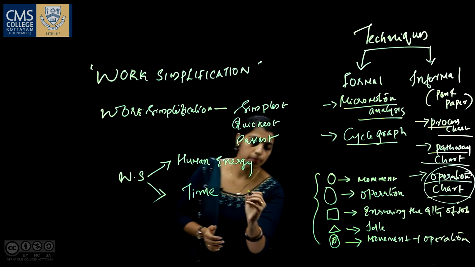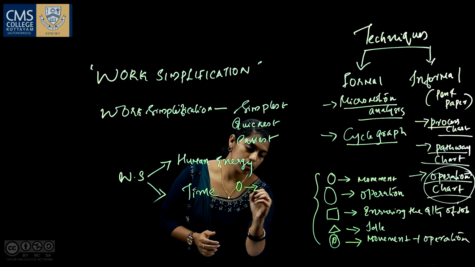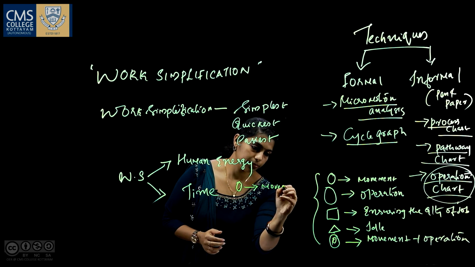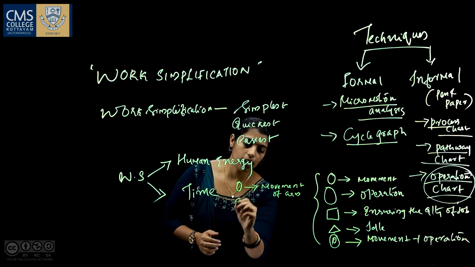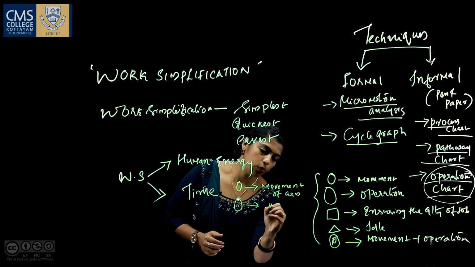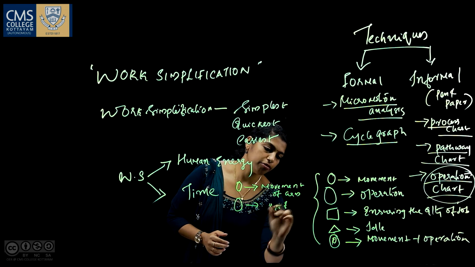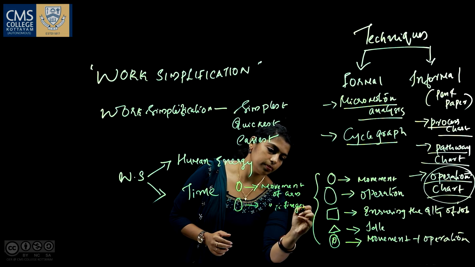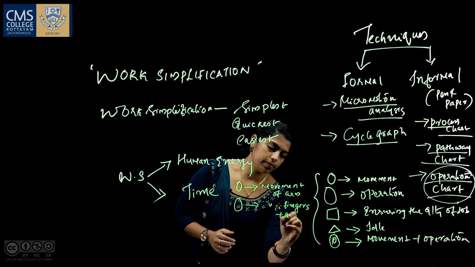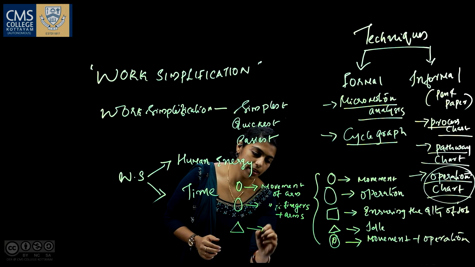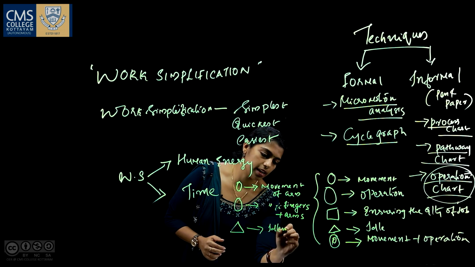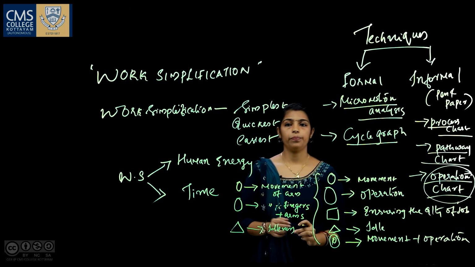That is, the small circle shows the movement of arms. The large circle shows the movement of fingers with arms. And the triangle shows complete idleness, same as that of the process chart.